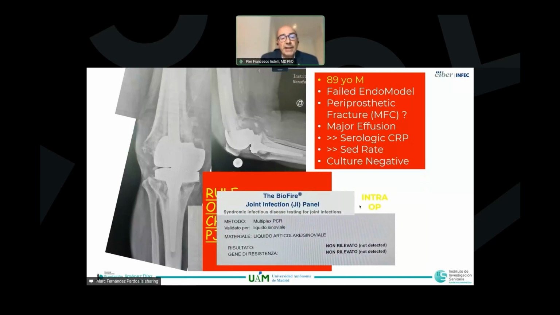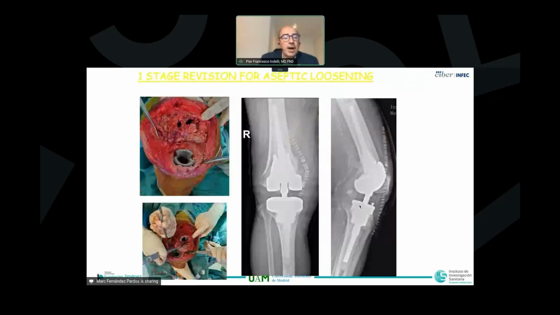So we performed intraoperatively, sorry, because the report is in Italian, we ran the BioFire intraoperatively. There was no microorganism there. So the patient underwent one-stage revision for aseptic loosening. And you can see the X-rays, intraoperative images, and postoperative X-ray.